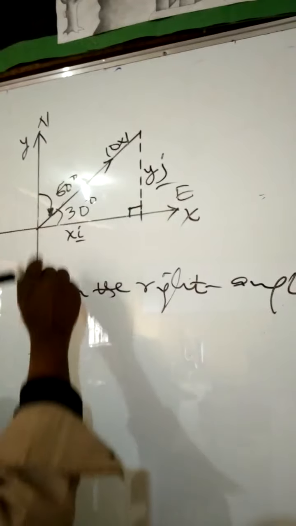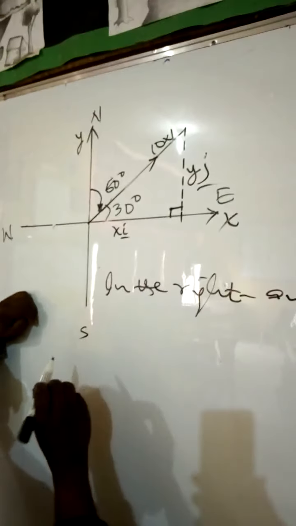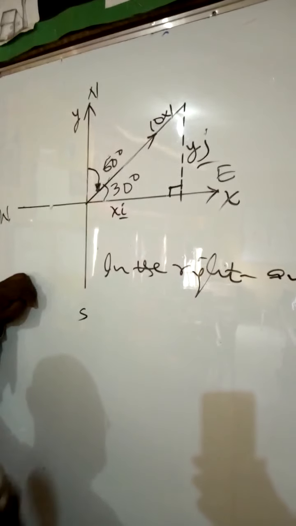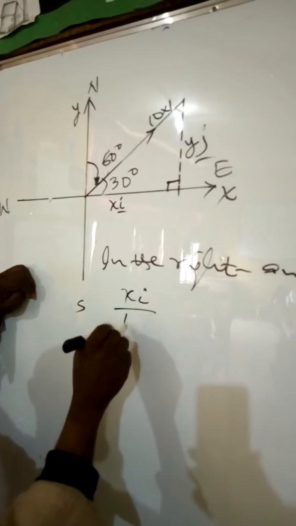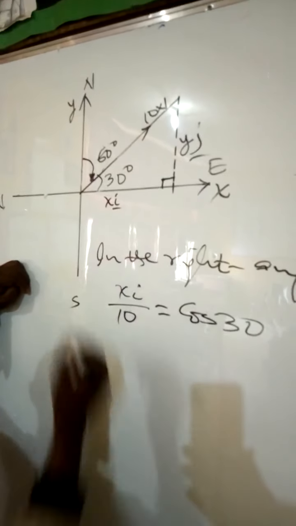This xi is adjacent to this 30 degree angle. Then this force of 10 Newton is representing the hypotenuse of that triangle. And you know that adjacent over hypotenuse is cos. So xi over 10 is equal to cos 30 degrees.